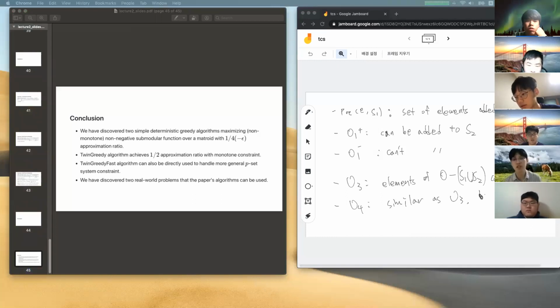I guess general matching is a two-set system as well, because the vertices in a matching could be covered by a maximal matching. I see. So this indeed gives a 6 to 1 algorithm for general matching, I think, in linear time.